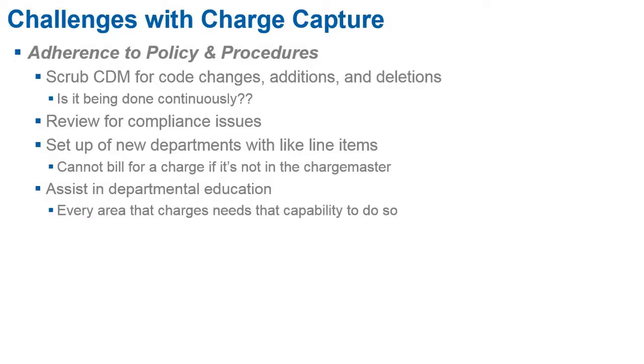Have you set up new departments with like line items? I know that may seem a little bit foreign to folks, but I talked from the very beginning of the presentations that if you don't have a charge in your charge master, you cannot bill for it. So have you specifically addressed where these charges need to go when you set them up? It's not good enough to just say, oh, we have a new hip, we're going to put it in this department.